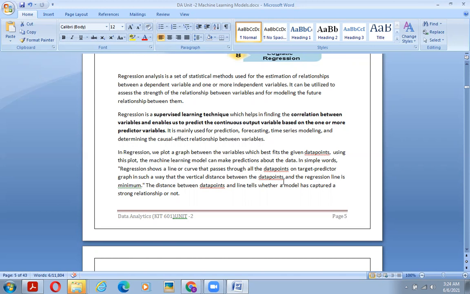So the regression is mainly used for prediction, forecasting, time series modeling, and determining the causal effect between variables.